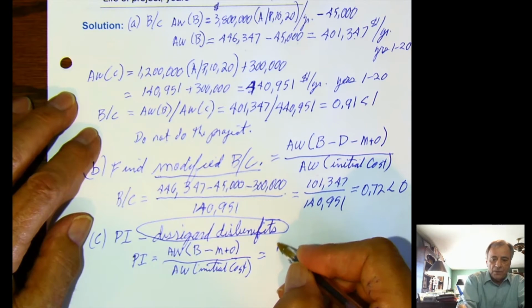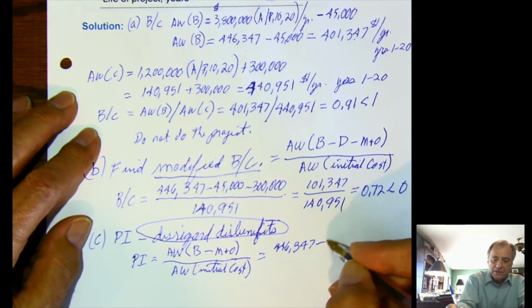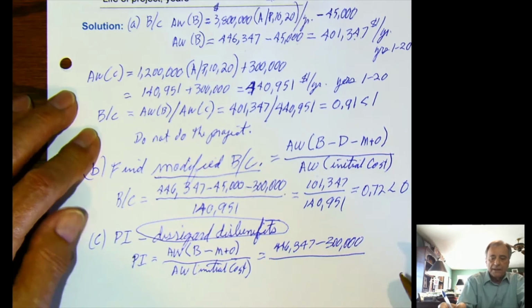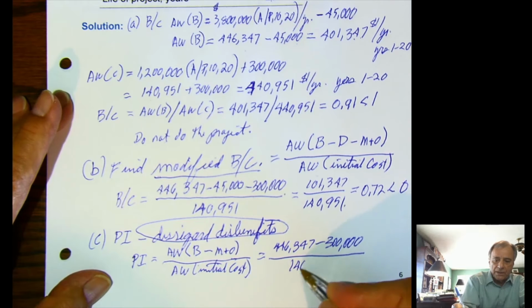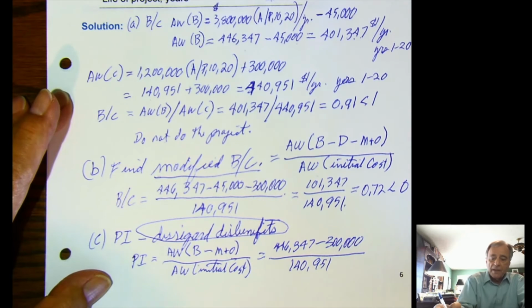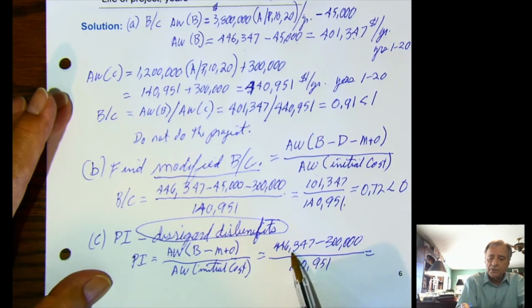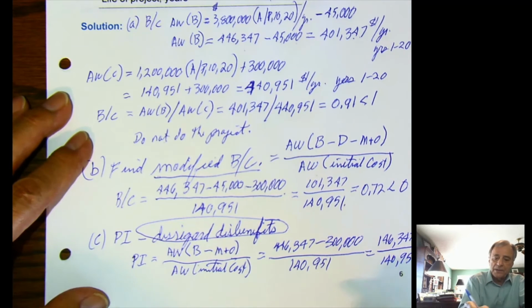So we'd have 446,347 minus 300,000. Divide that by the same denominator we had for the modified, 140,951. And now if we subtract the 300 from the 446, we're going to get 146,347 over 140,951, which you can see that's greater than 1.